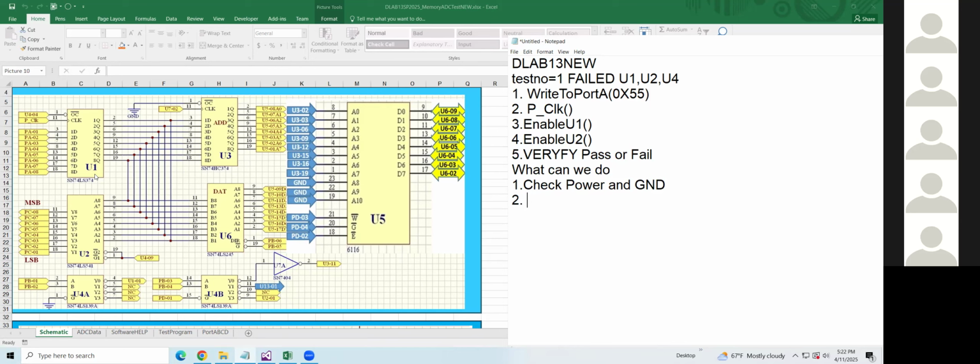Okay, check output of U1. Okay, 0, 1, 0, 1, 0, 1, 0, 1. That means 5, 5.